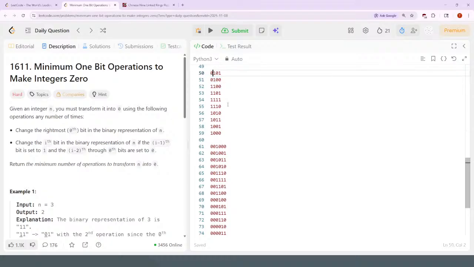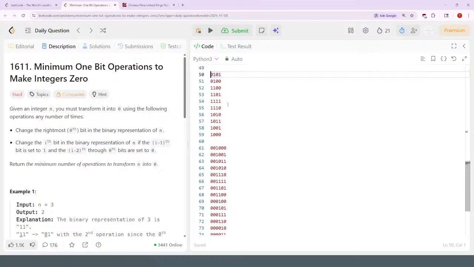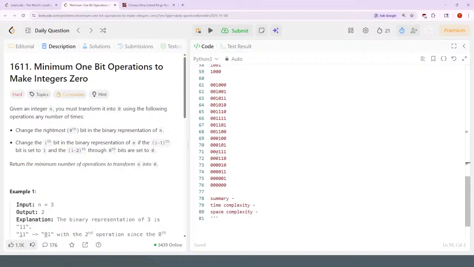So if the next one is currently a 0, then in theory I'm trying to make that into 1. In order to make that into 1, I need to do what? Oh gosh.